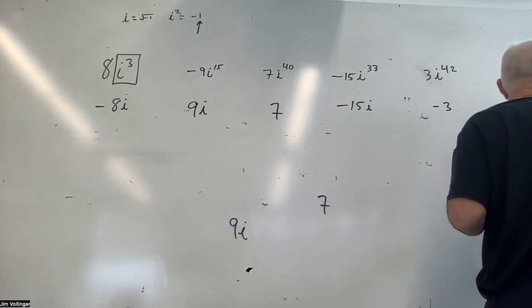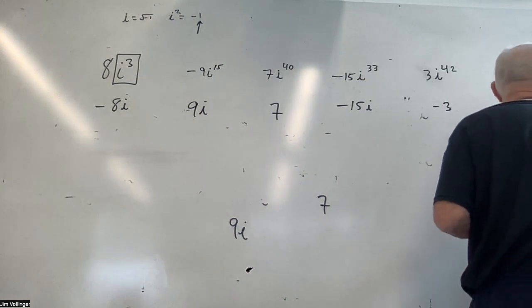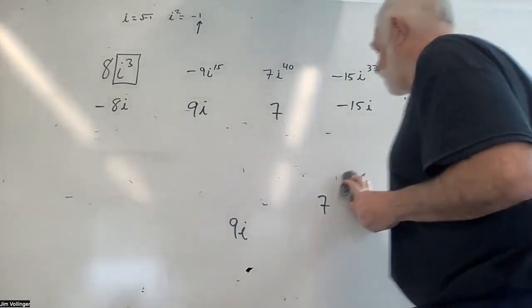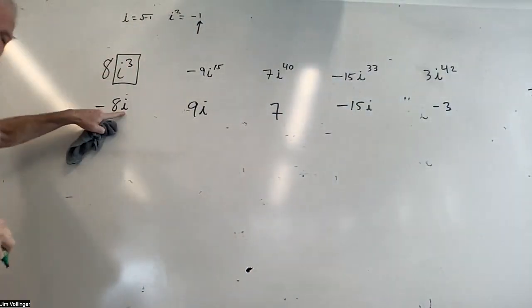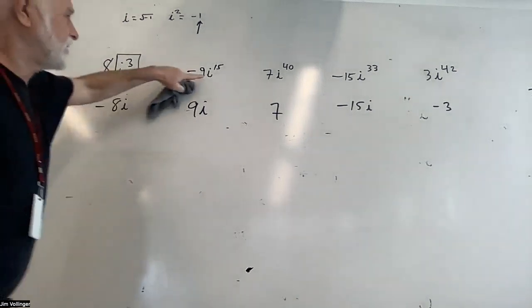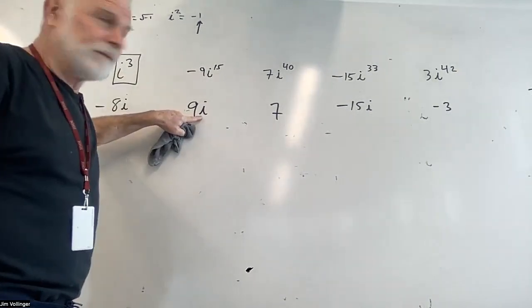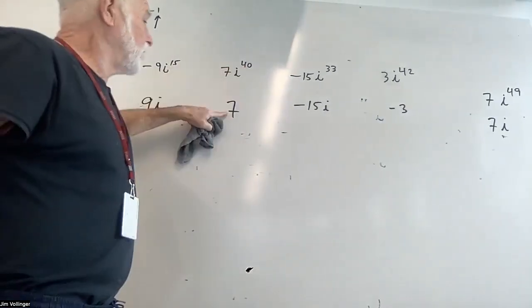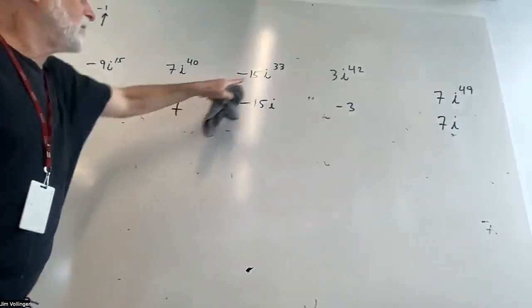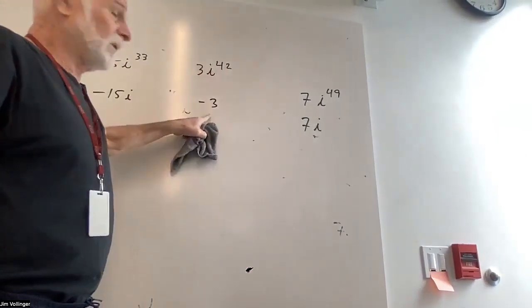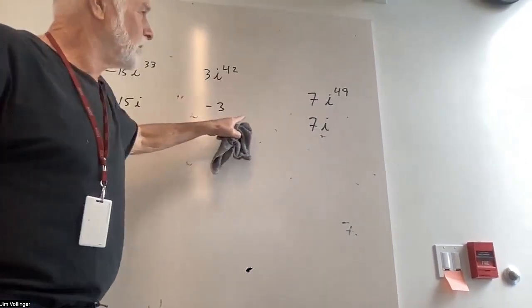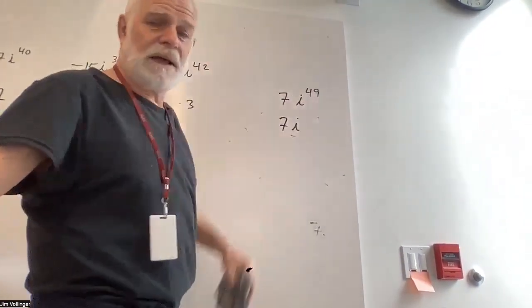And 4i, 7i. Yes, that's what it became. All right, so what do we see? I see an odd number, and there's an i in the answer. I see an odd number, there's an i in the answer. I see an even number, there's no i there. I see an odd, there's an i. I see an even, there's no i in this answer. And I see an odd, there's an i.